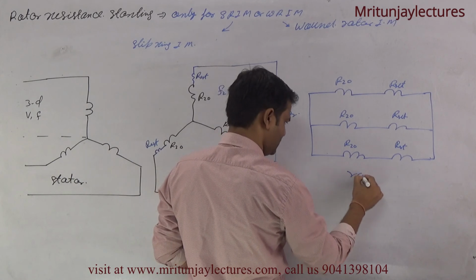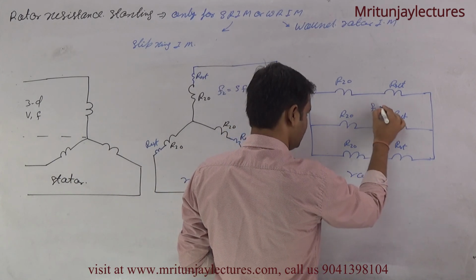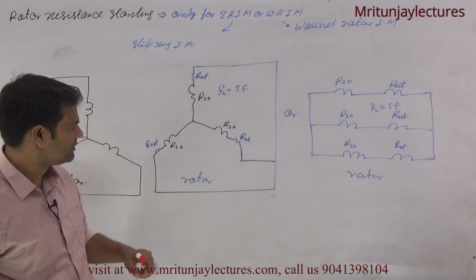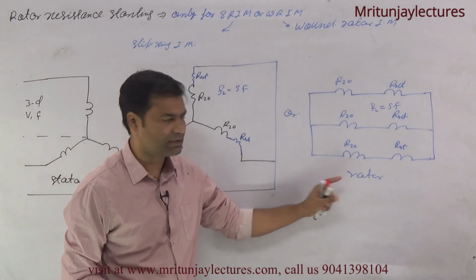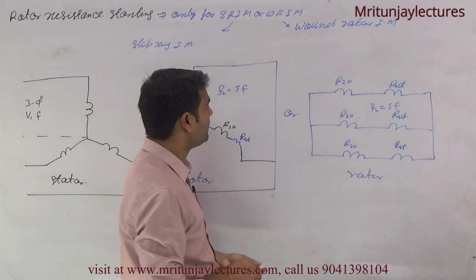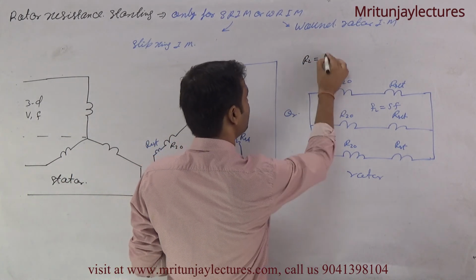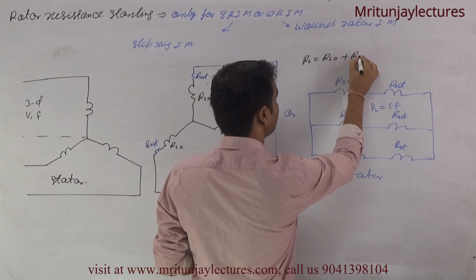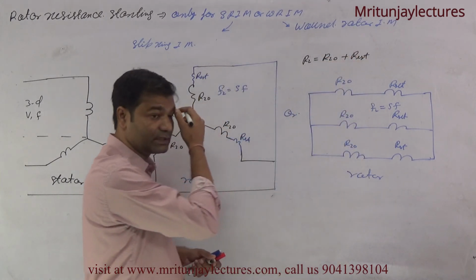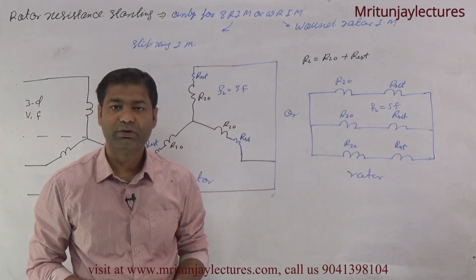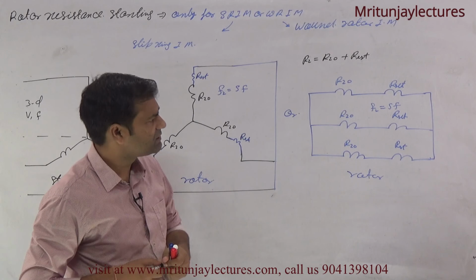This is also for the rotor, and F2 is equal to SF. Sometimes it is represented like this one or like this, both are the same thing, and R2 is equal to R20 plus R external. After external resistance is added in each rotor phase, R2 is equal to R20 plus R external.